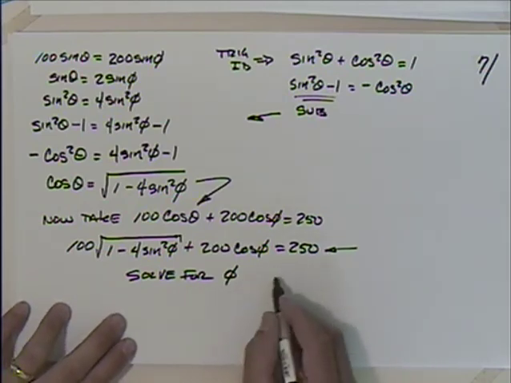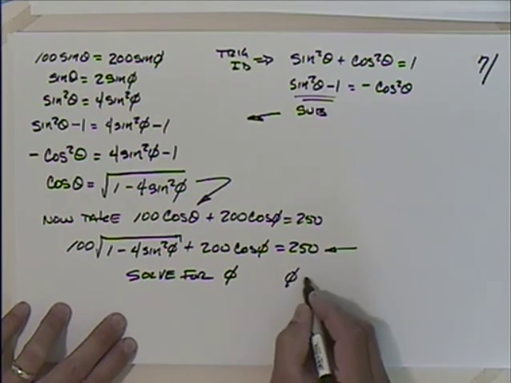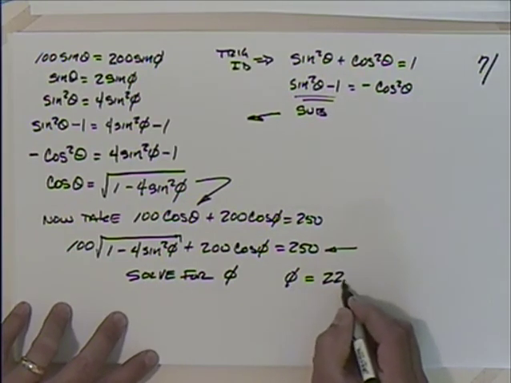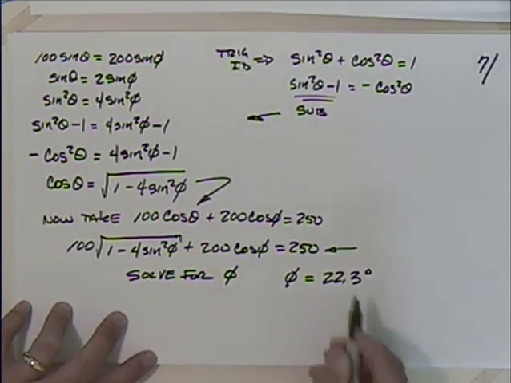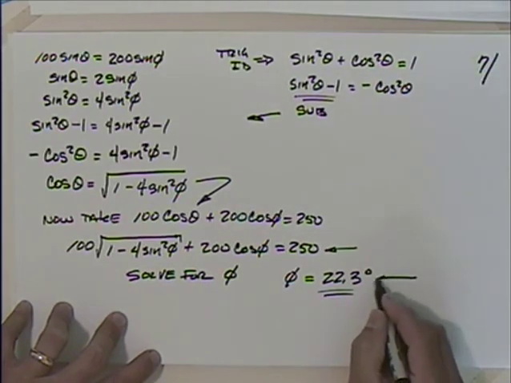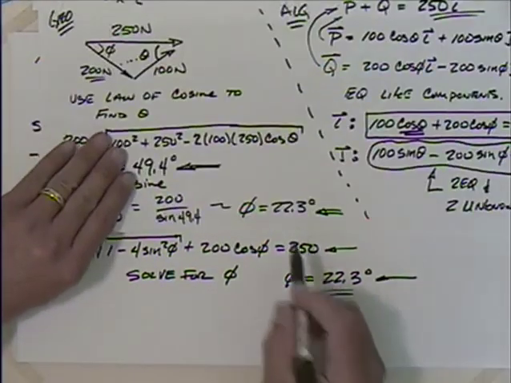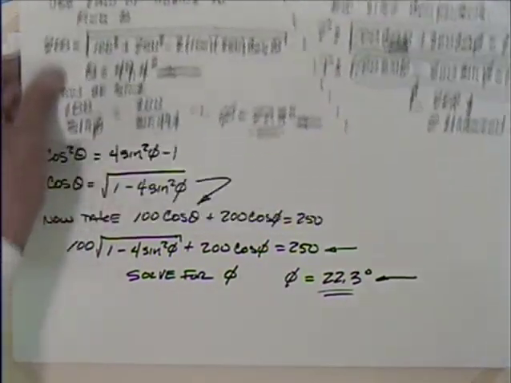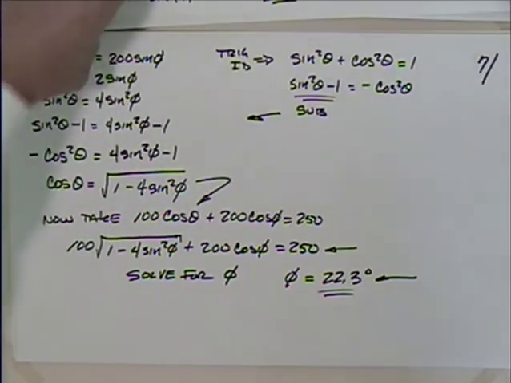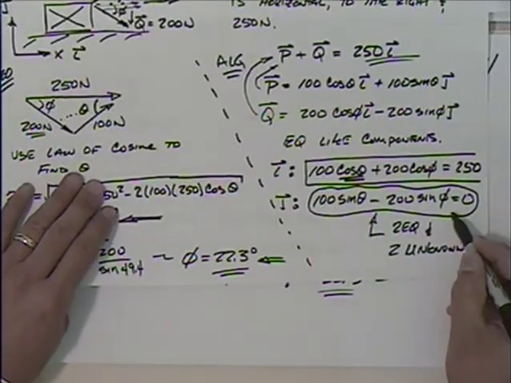But when you do that, you're going to come up with phi is equal to 22.3 degrees. So that's good news, because I think we recognize that from over here. 22.3 degrees. Now we could grab either one of these equations here. I'd probably grab the easier one, the circled one down here.